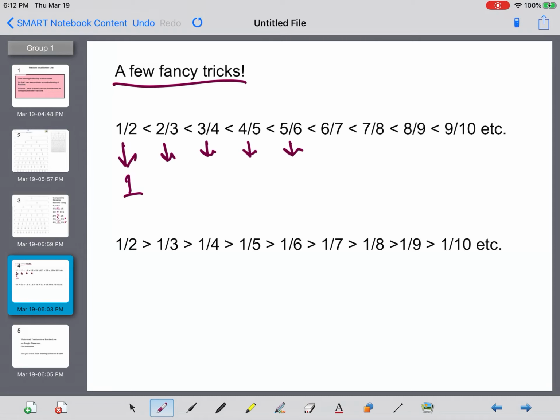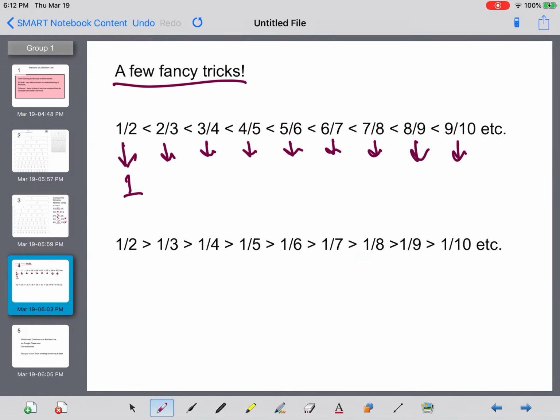And if you increase like this, like I'm showing you here, so 1/2, 2/3, 3/4, 4/5, etc., the fractions with the smaller numbers are always smaller than the fractions with the larger numbers.